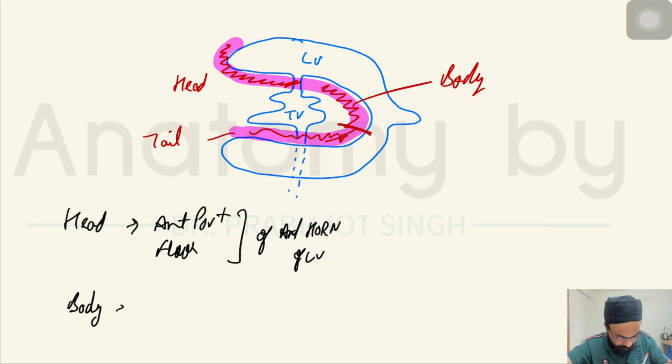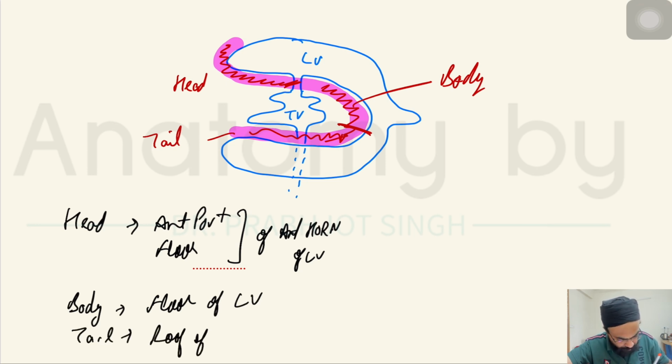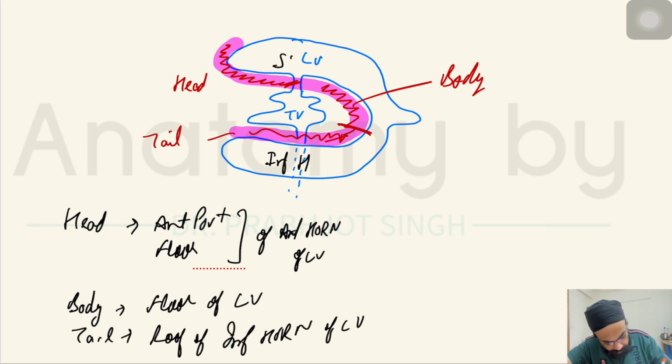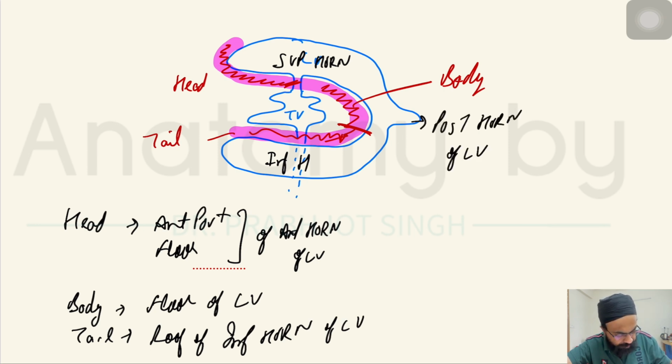The body is forming the floor of the majority of the lateral ventricle, and the tail is forming the roof of the inferior horn of lateral ventricle, because this is the inferior horn, this is the superior horn, and this is the posterior horn of lateral ventricle. So that is how the caudate nucleus is arranged.